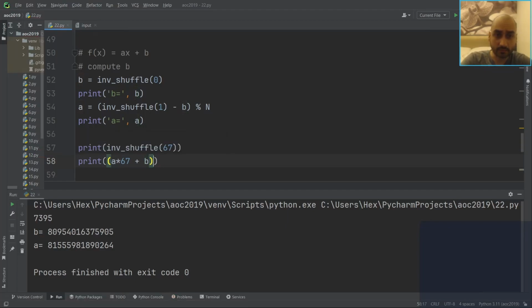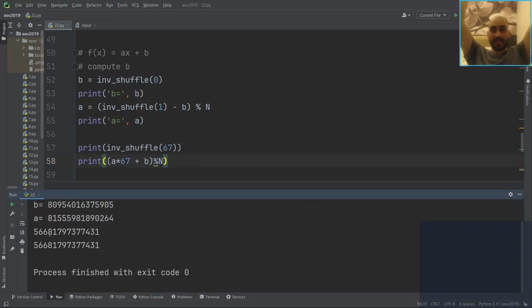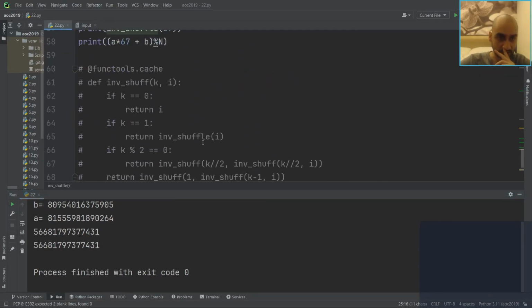Well, you don't really need to do the mod, but we can do it. And they should be the same. But you do need to do the mod, sorry. Yes! Okay, we're getting somewhere. So that means now we never need to call this method again. We now know how to do this quickly.